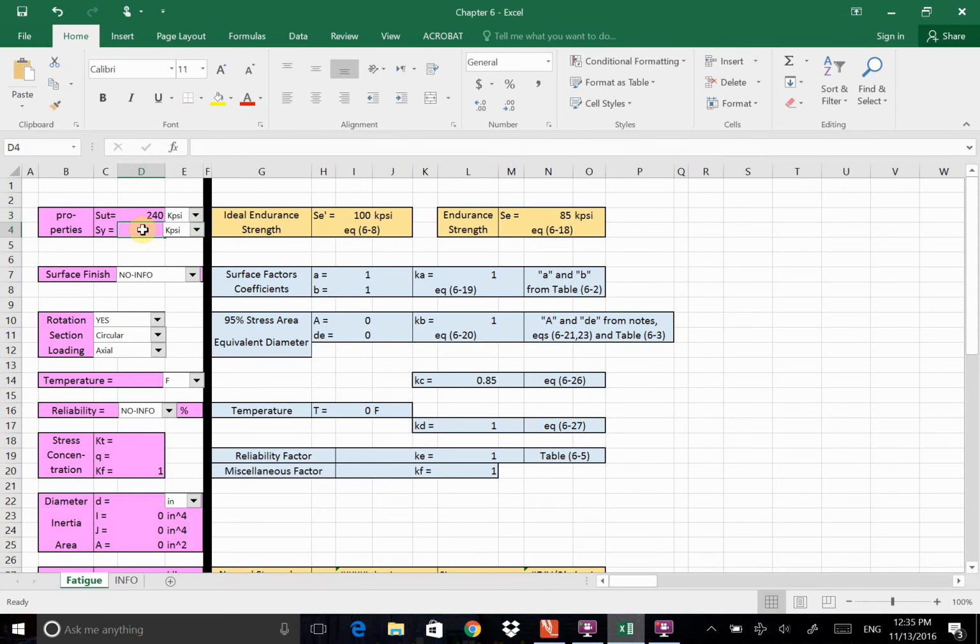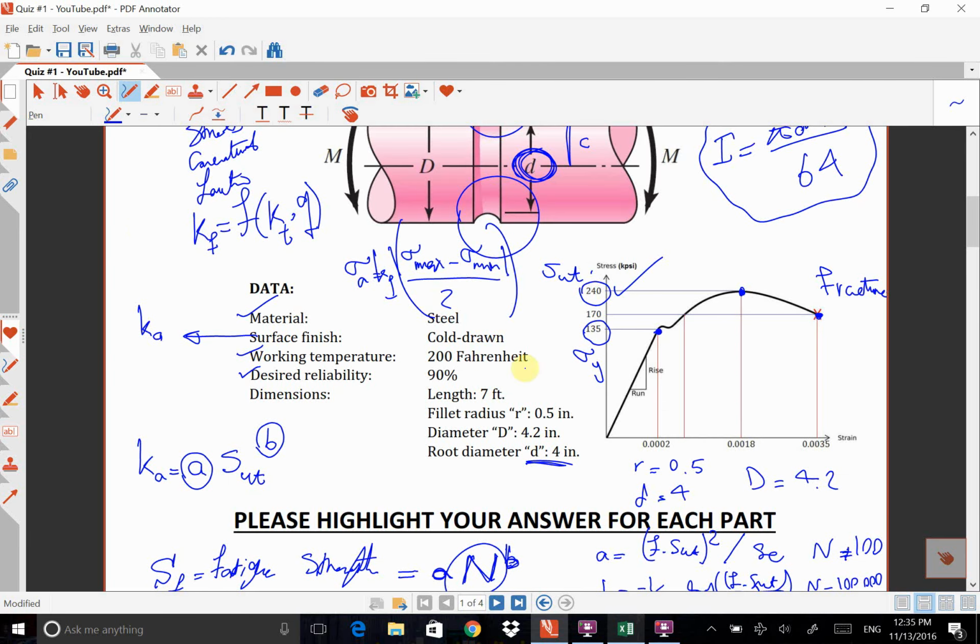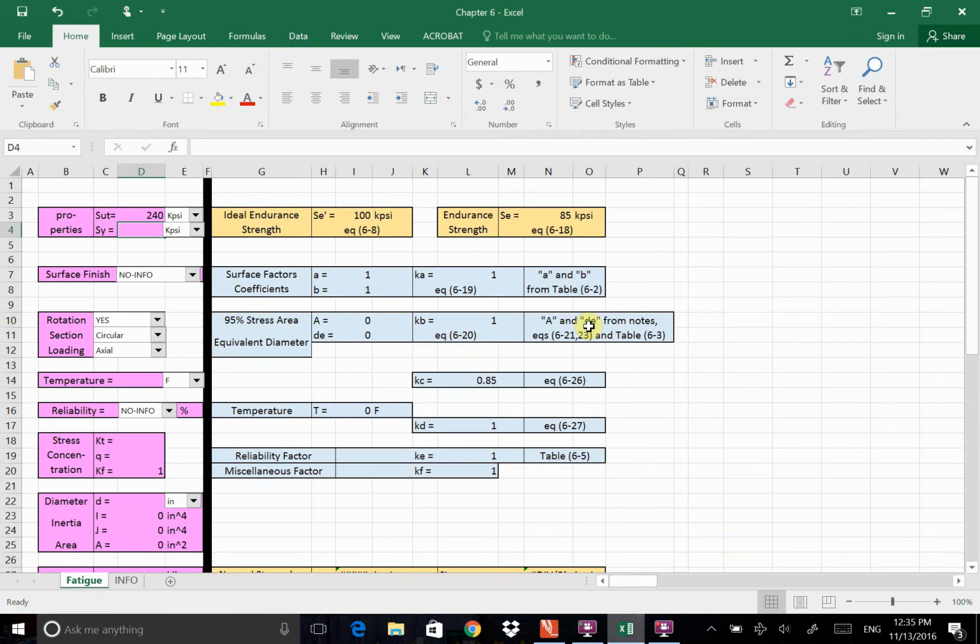SY, I need to come back to this graph, and here SY is 135. So I'm going to say 135, and the unit is kpsi. Okay, so based on this one, because SUT is more than 200, SE prime is just 100 kpsi, equation 6.8. If you don't know how I found that one, you can go to equation 6.8.